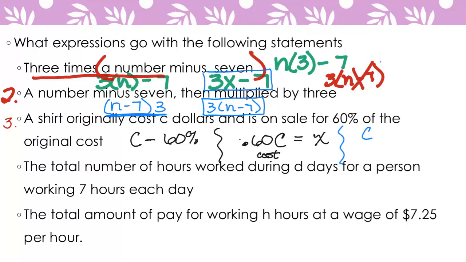How do I show that? Sajan, I always get that wrong. Sajan said he thought there has to be a 0.60 times C. He's right, but 0.60 times C is not the cost.